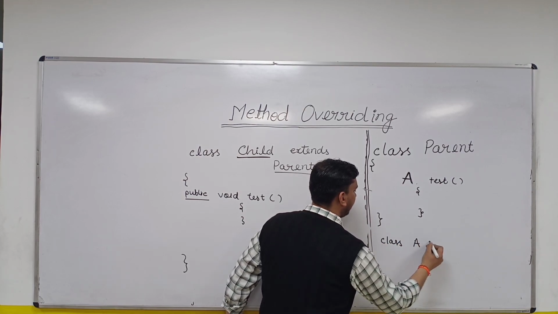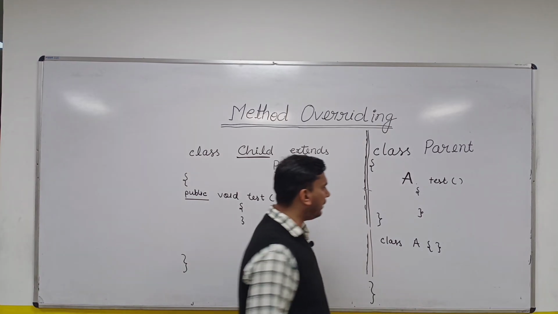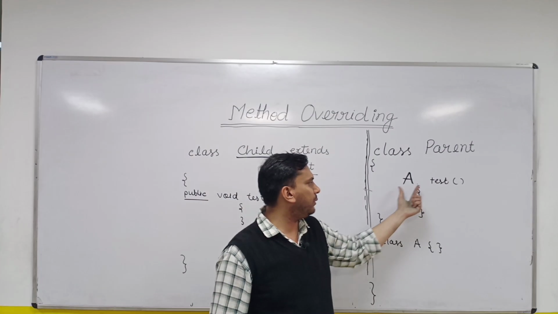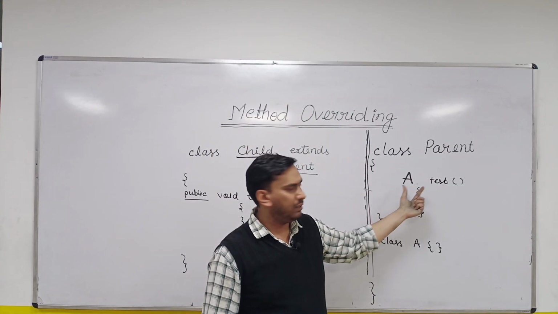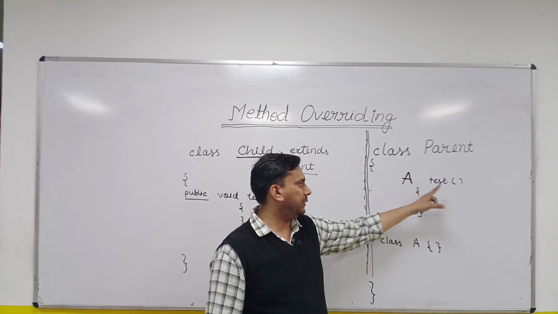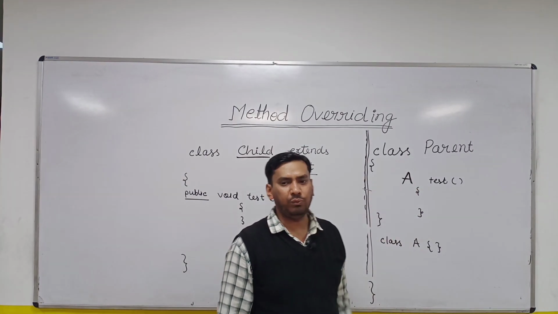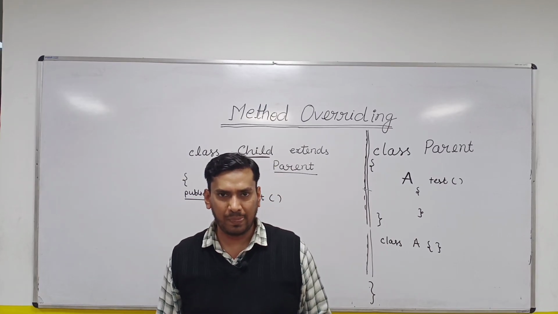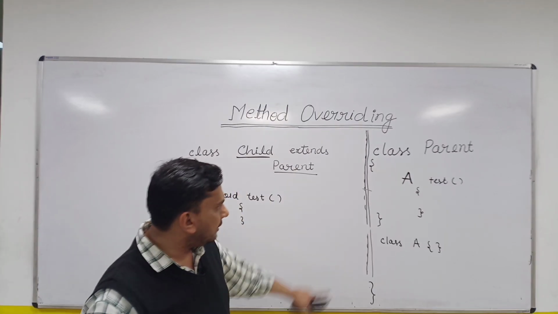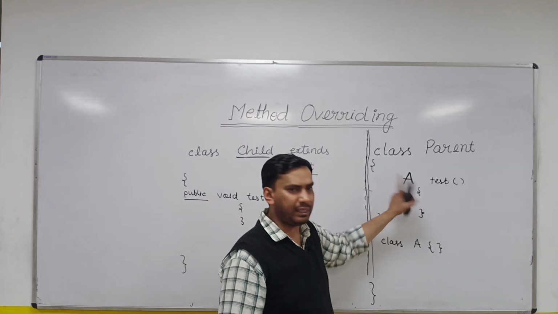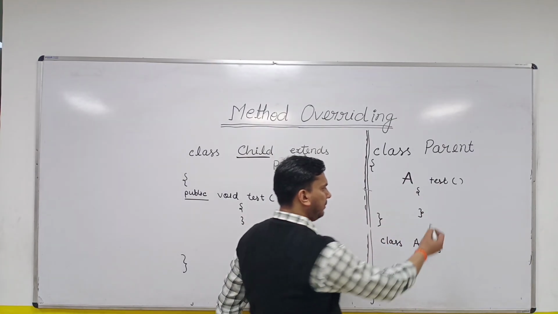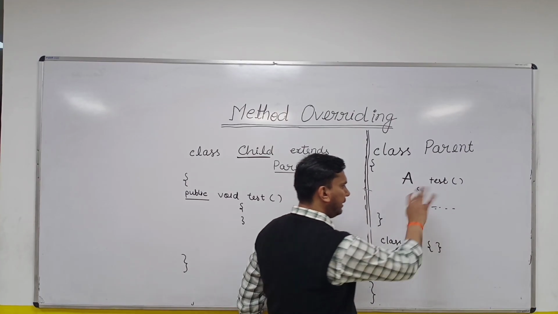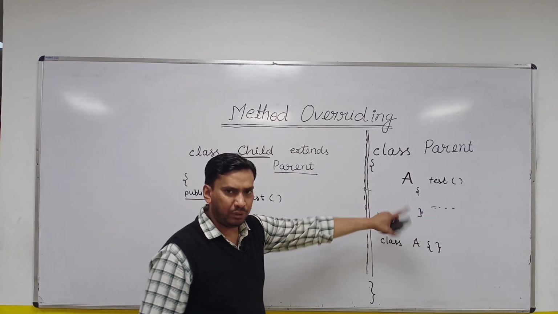When any method is returning some class type object or interface type of object, in that case we can change the return type. This test method is returning A type of object. Here a return statement will be written accordingly, I am not concentrating on that.